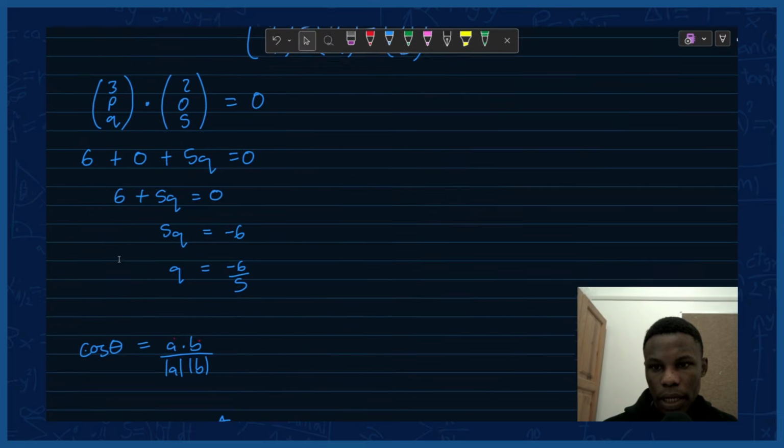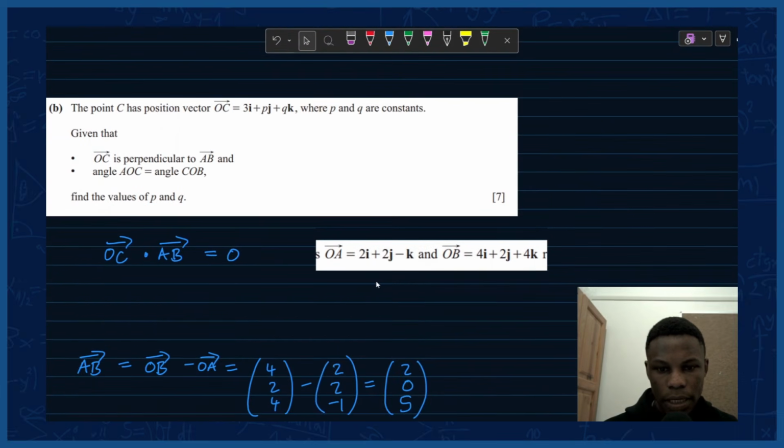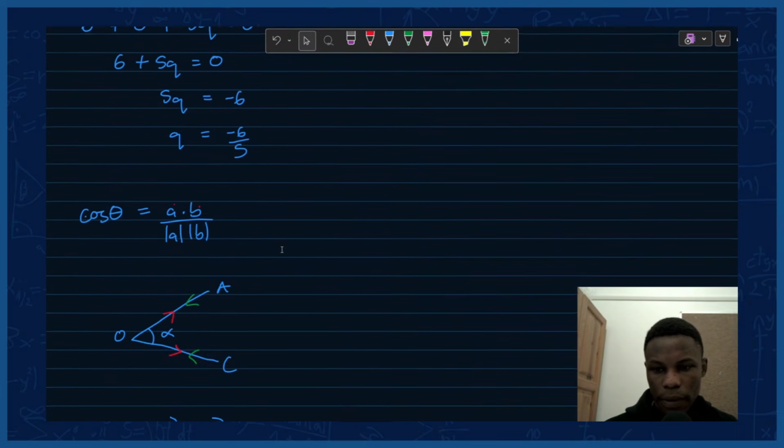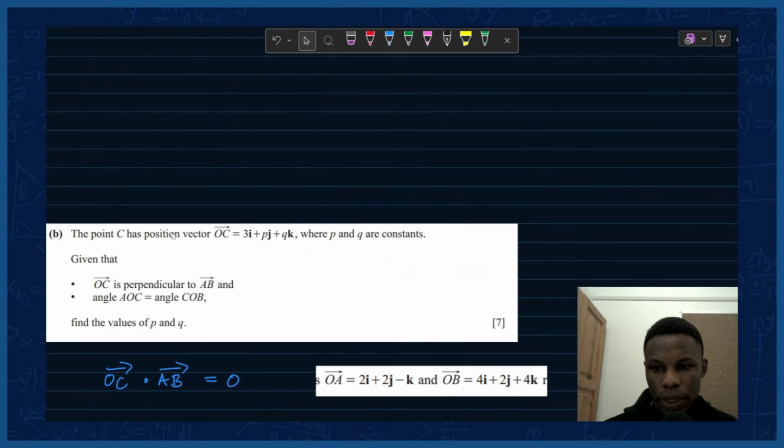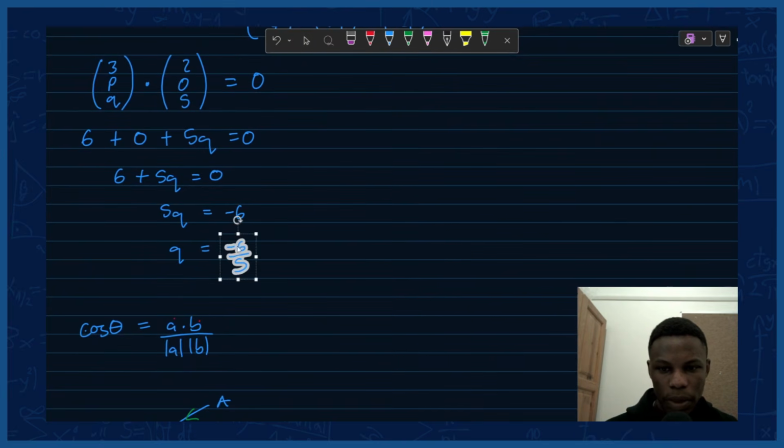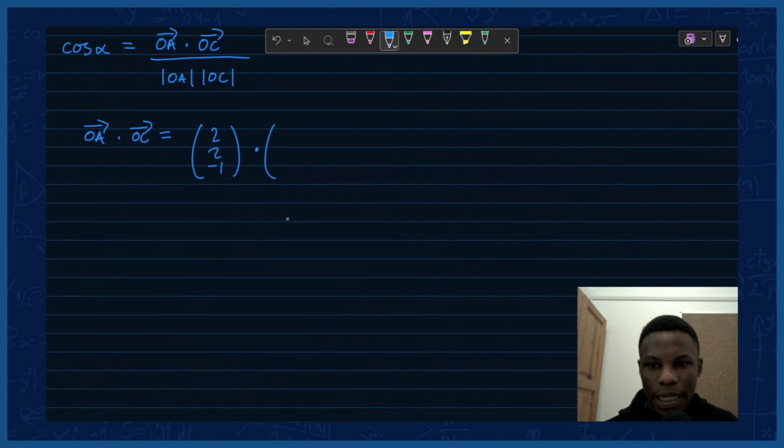So OA we know is (2, 2, -1), dotted with OC. OC we know is (3, p, q), but we found q to be -6/5. So it's (3, p, -6/5).